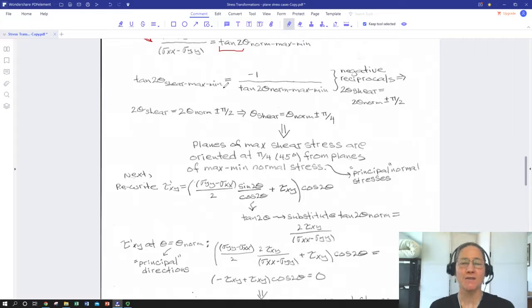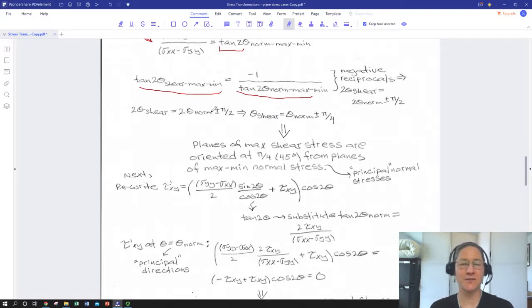Okay, so let's look at the angular relationships. We can basically write that negative reciprocal relationship between shear and normal, and then literally solve this and get a 2 theta relationship with our inverse tangent, and we can say that 2 times the angle of maximum shear equals 2 times the angle of maximum normal plus or minus pi over 2.